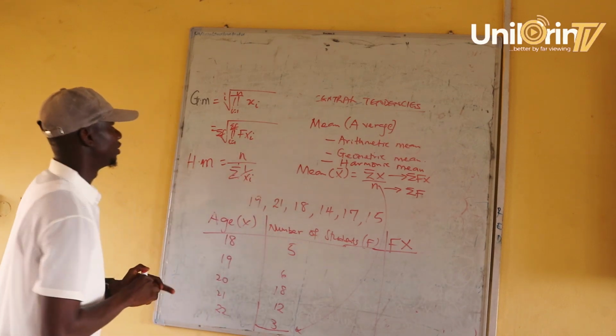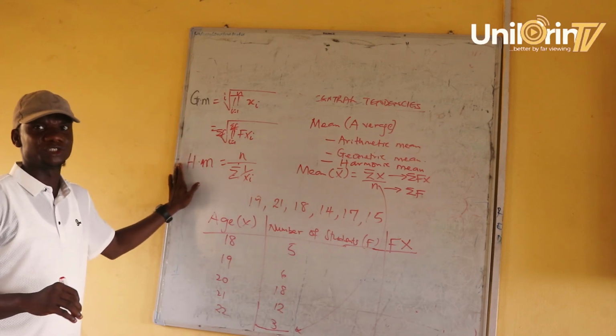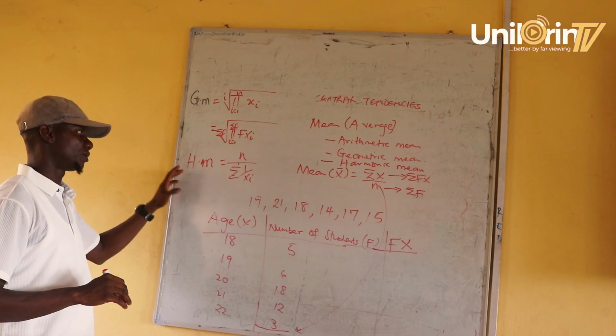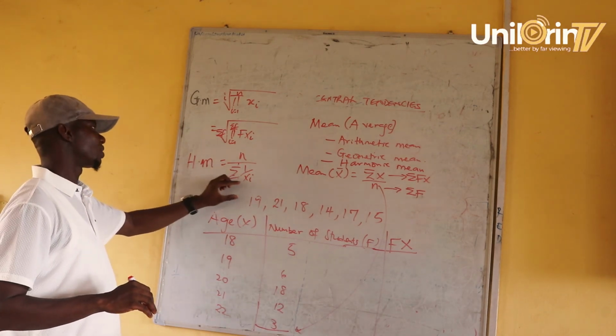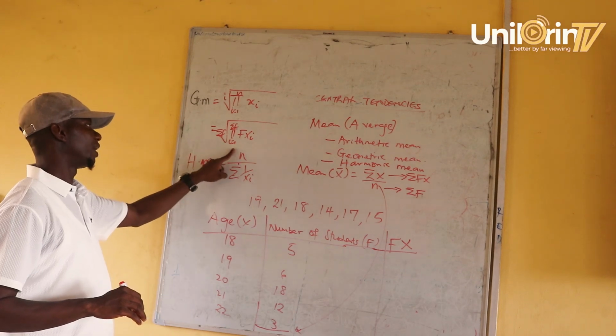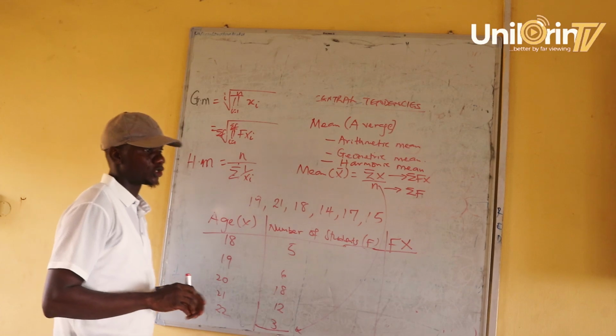So this one deals with information that is consecutive, while this one deals with rates. All you need to do is put in your values; your n will be the number of observations, and your x's are each of the values.